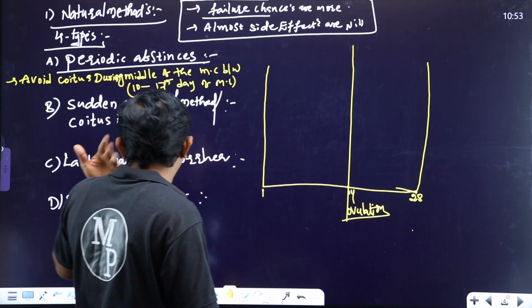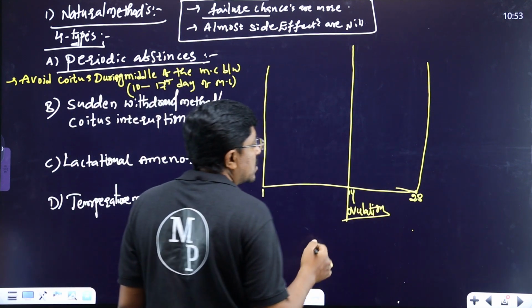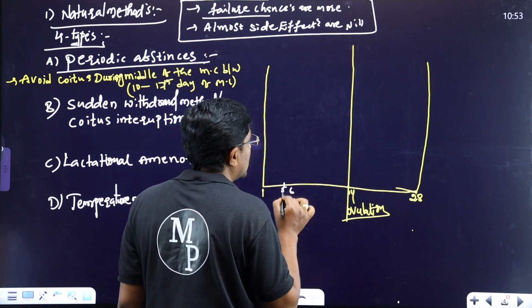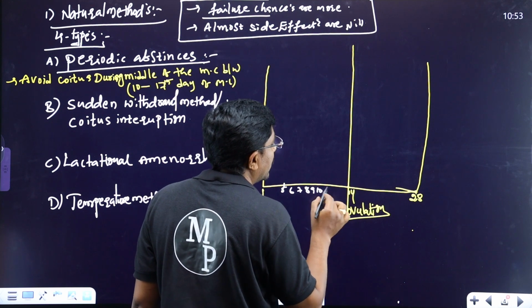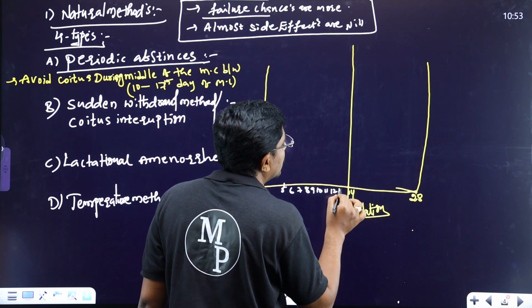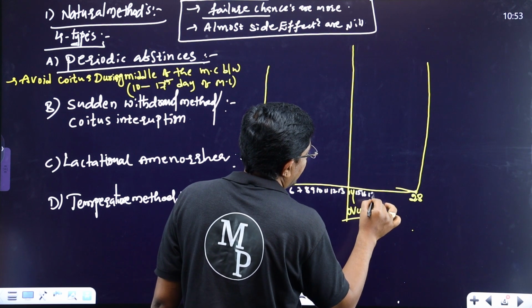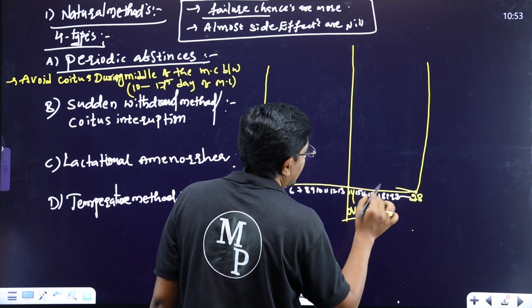So what happens by avoiding the coitus during this period? For example, first to fifth, sixth, seventh, eighth, ninth, 10th, 11th, 12th, 13th, 14th, 15th, 16th, 17th, 18th, 19th, 20th.